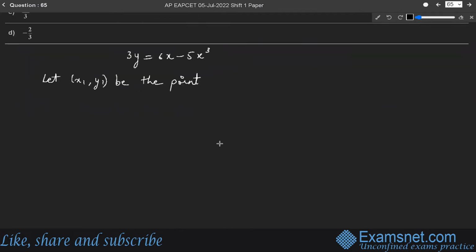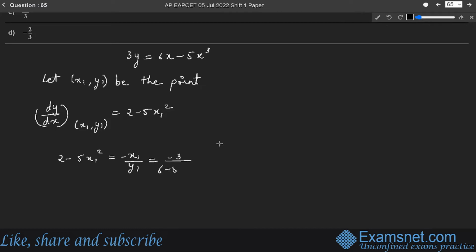Then we can have dy by dx at x1, y1 is equal to 2 minus 5x1 square. Again, the equation of the normal at x1, y1 passing through the origin gives 2 minus 5x1 square is equal to minus x1 upon y1, which is equal to minus 3 upon 6 minus 5x1 square.